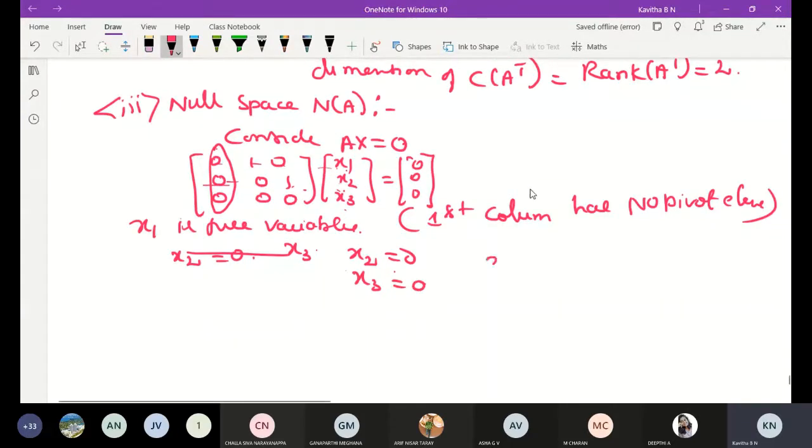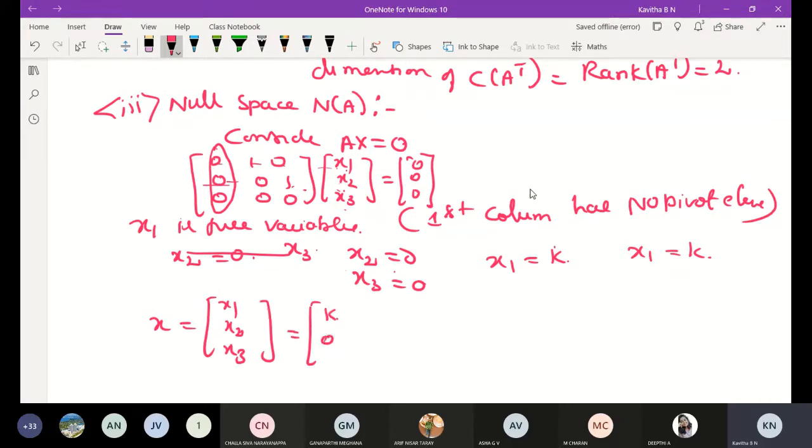Then we have to assume x1 is equal to k, since otherwise all the values are 0 and we would not get any vector. Assume x1 is equal to k. Then x is equal to x1, x2, x3, which is k, 0, 0. Take k common: k times [1, 0, 0].